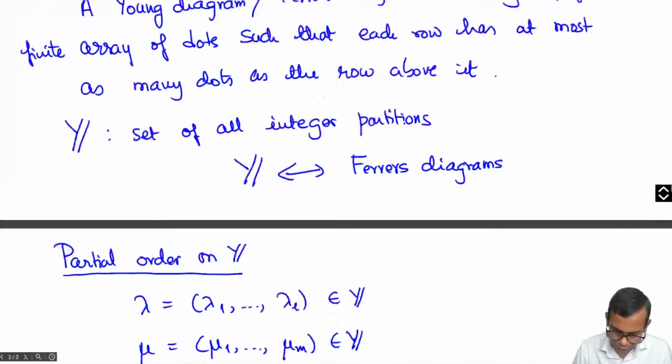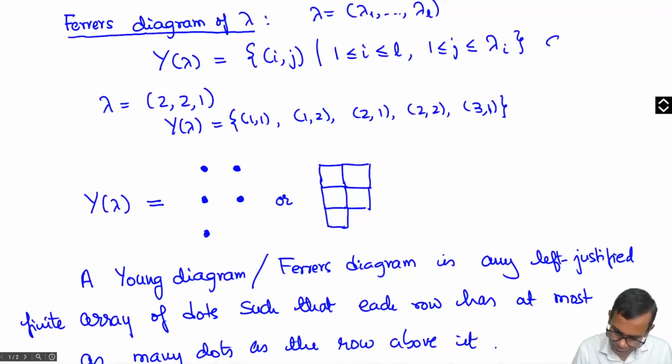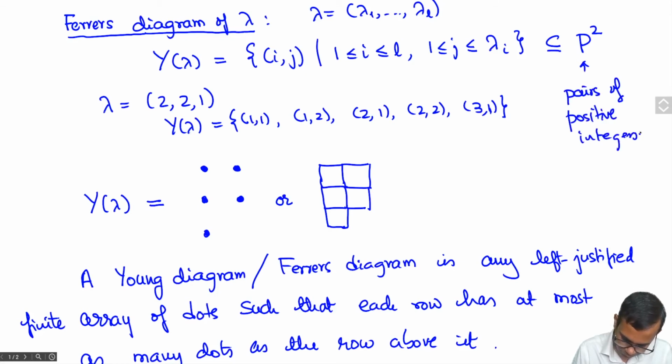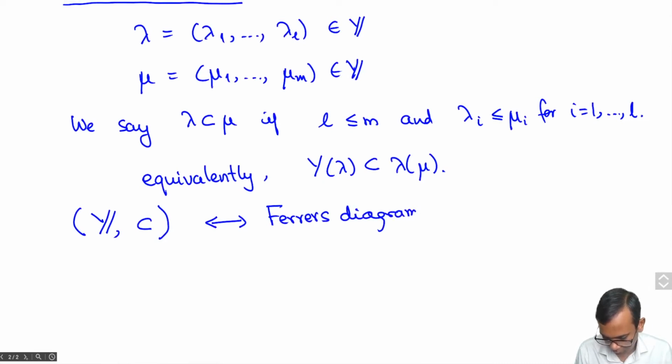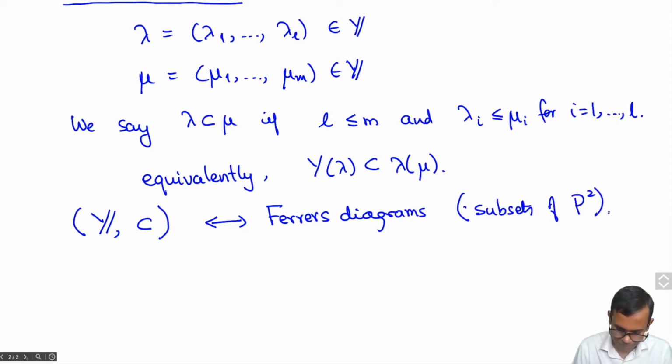You can think of each Ferrers diagram as a subset of P squared, where P is the set of positive integers.